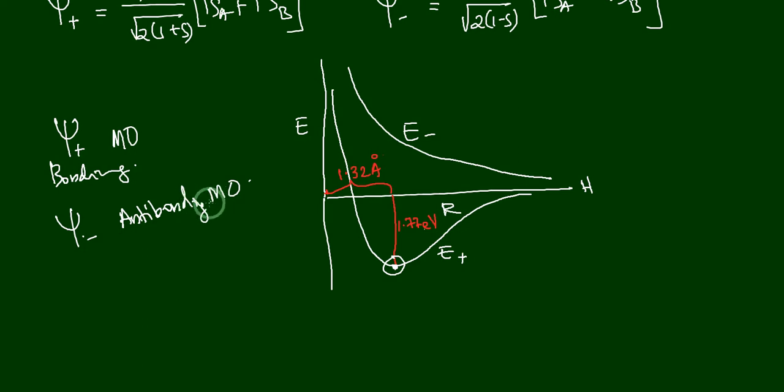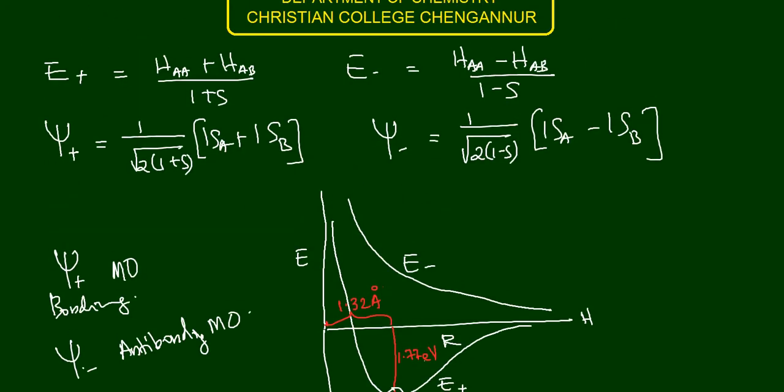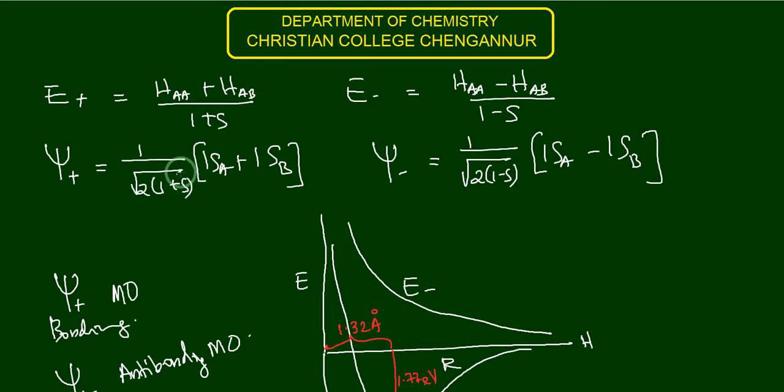And today we are going to consider the symmetry of these molecular orbitals. Then we will go for some notations based on the symmetry of these molecular orbitals. Here you can look at the expression for the molecular orbital psi plus.